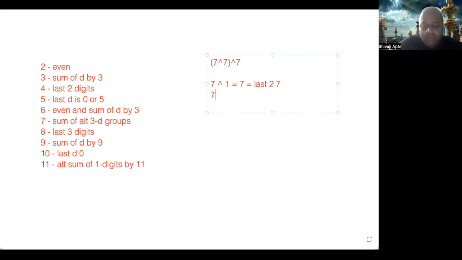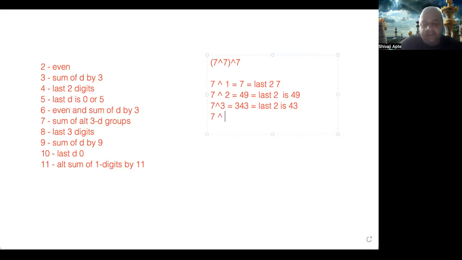What about 7 raised to 2? 49. And the last 2 digits are 4 and 9. What about 7 raised to 3? 343. So the last 2 digits are 43. And 7 raised to 4.